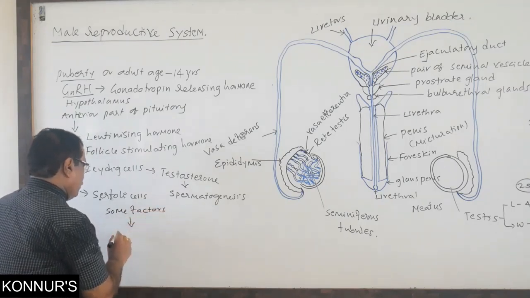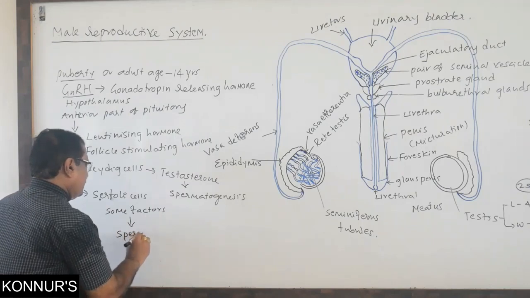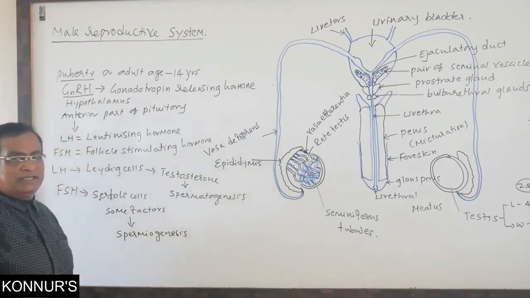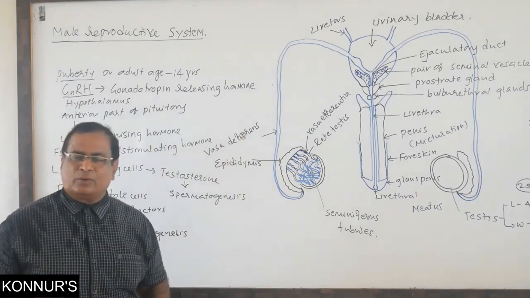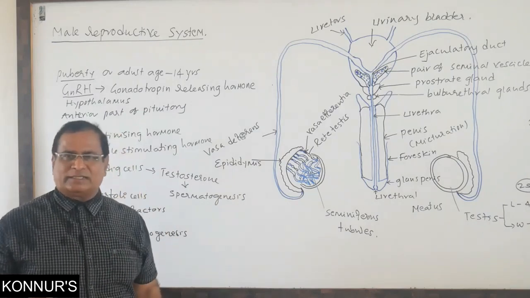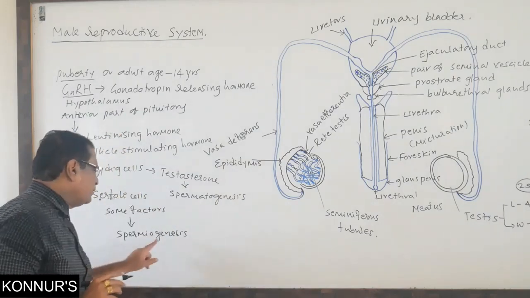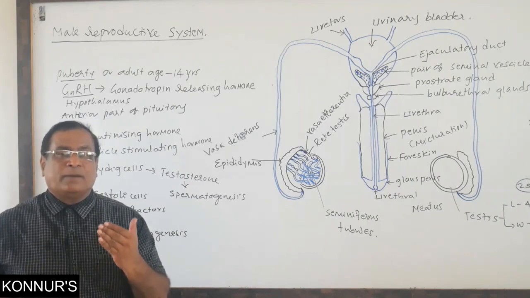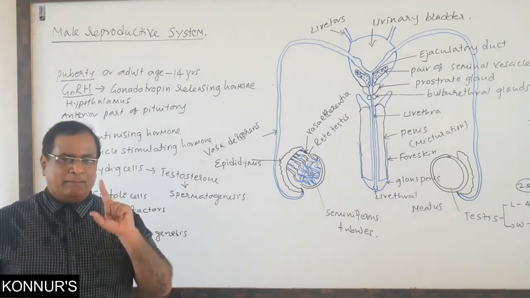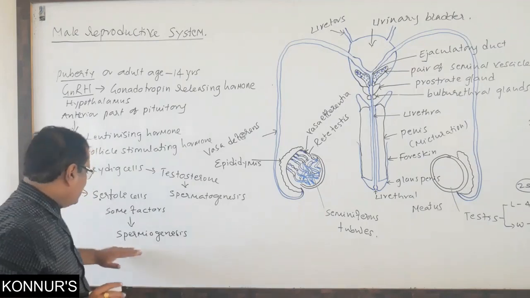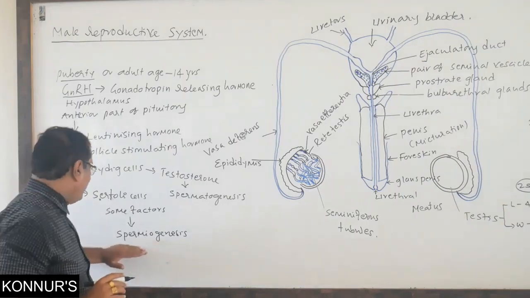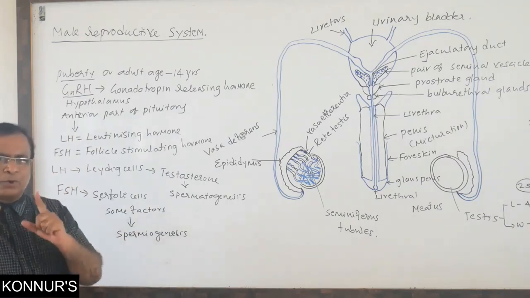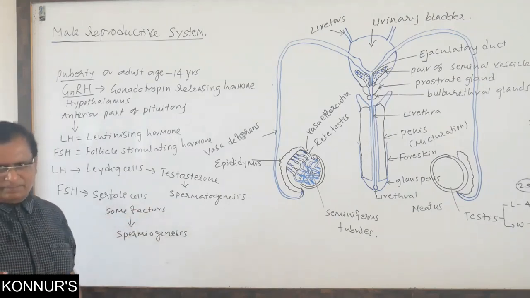These factors help spermiogenesis. While studying spermatogenesis, the final step is spermiogenesis, where immature spermatids are converted into matured sperms. This spermiogenesis is controlled by factors produced by Sertoli cells.